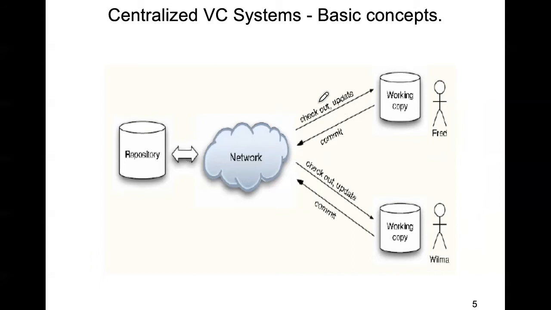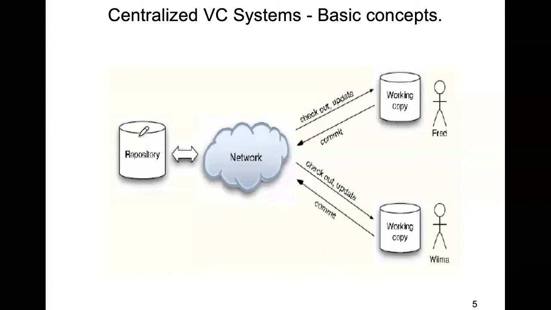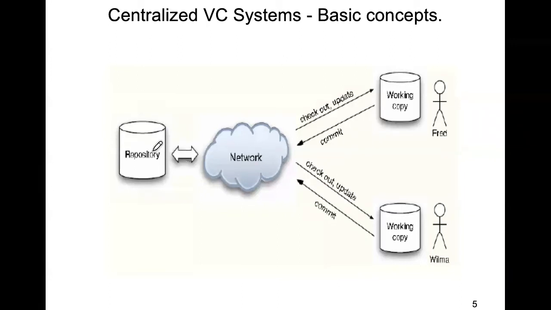So we talk about checking out from the repository, and what they get is a working copy of a particular file or folder from the repository. They make changes to it, and what we say then is that they commit their changes back to the repository. And when the commit request comes to the repository, the version control software, which is running here, takes care of making the necessary changes to the repository.